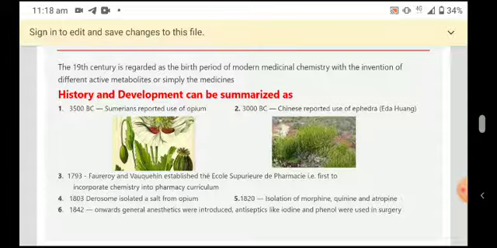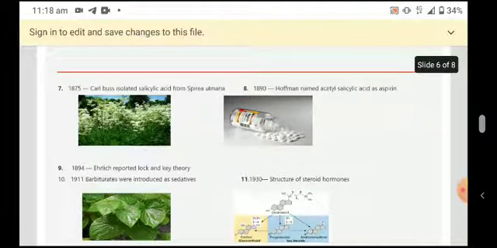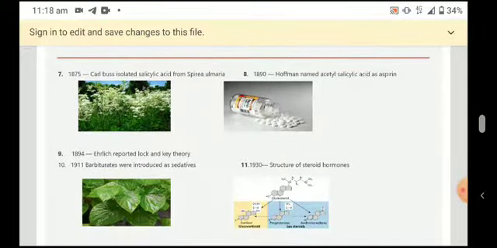In 1842, general anesthetics were introduced. Again, antiseptics like iodine and phenol were found to be used in surgery in 1842. After that, in 1875, the scientist Carl Buss isolated salicylic acid from Spirea ulmaria.